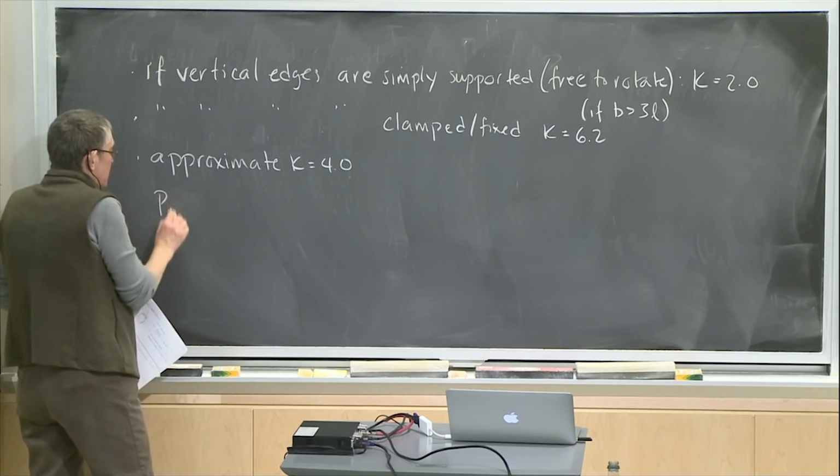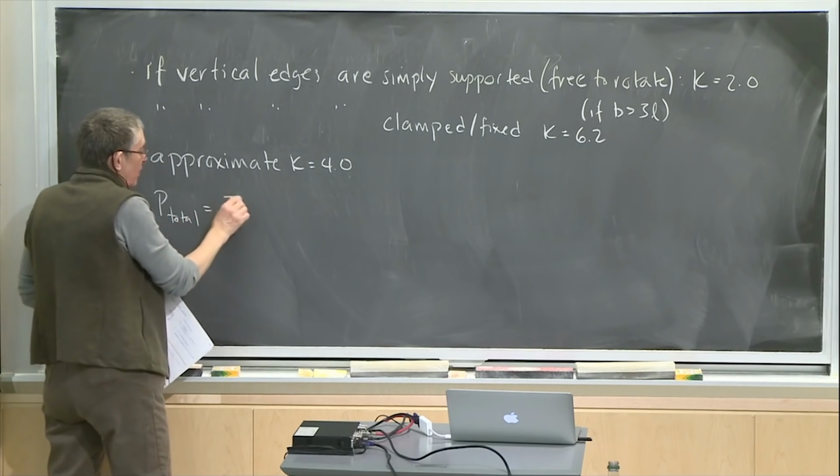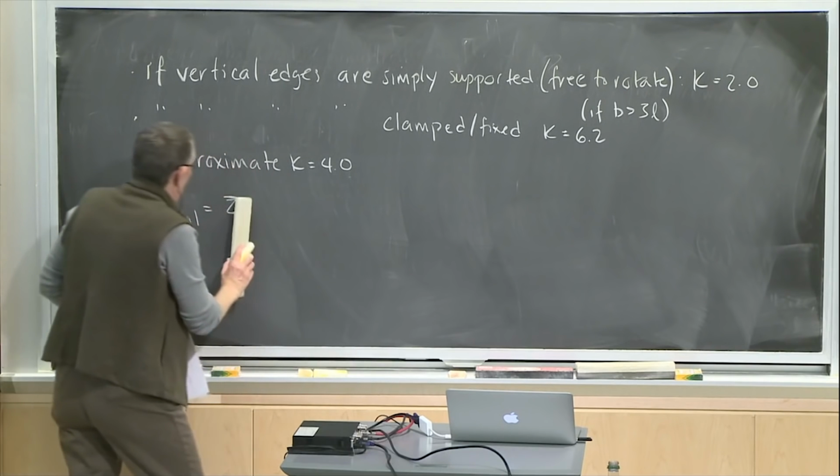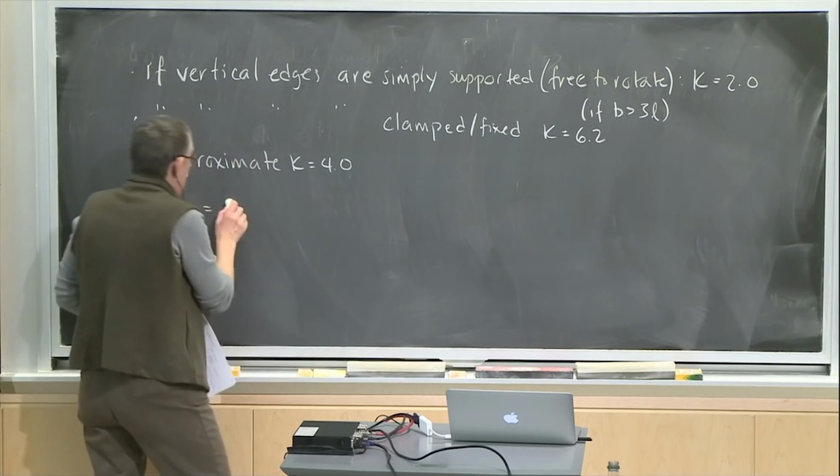And then the P total is going to be the sum of the P criticals for the columns that make up a unit cell.